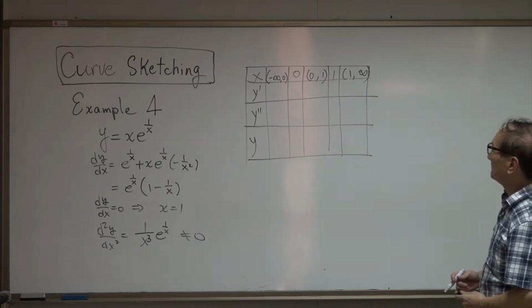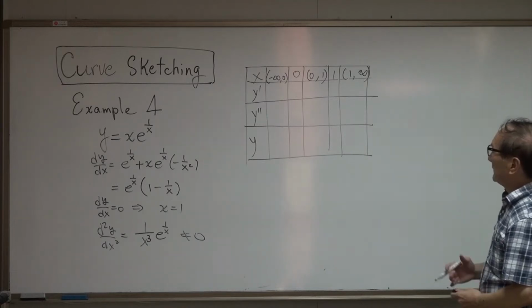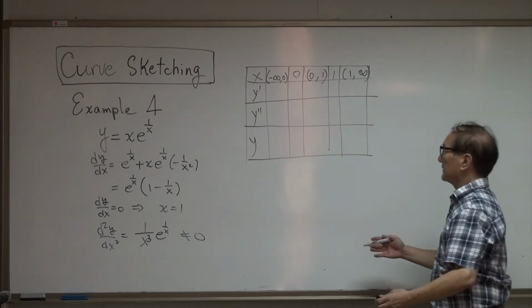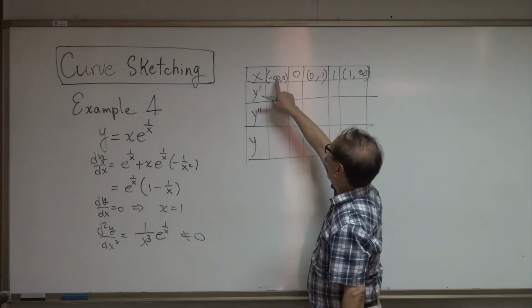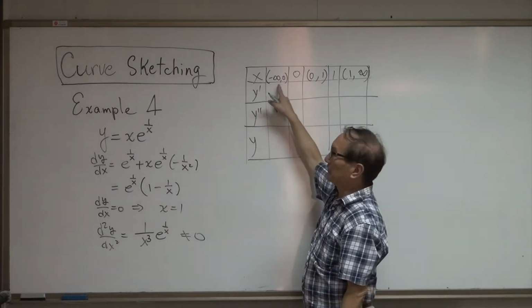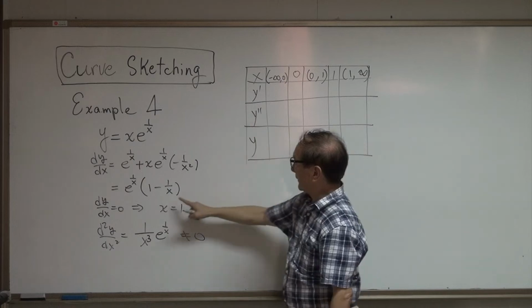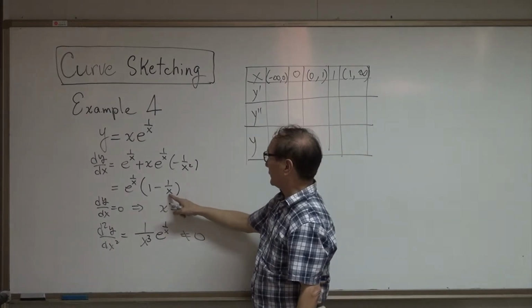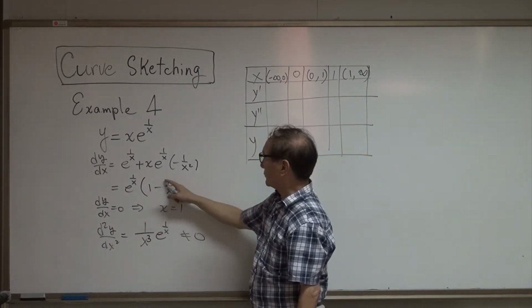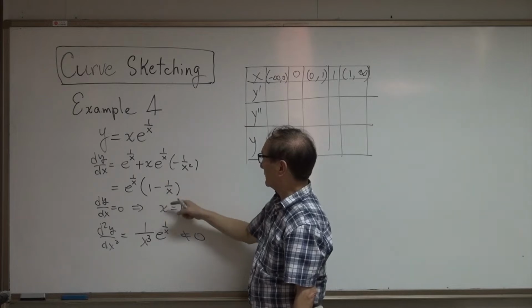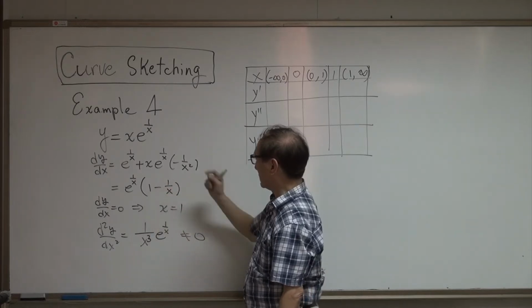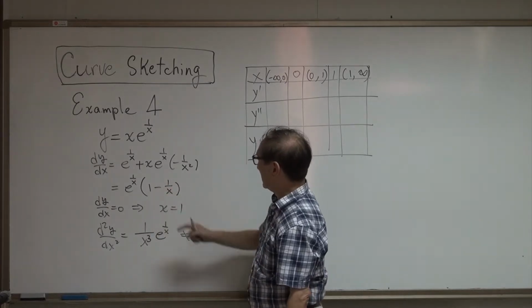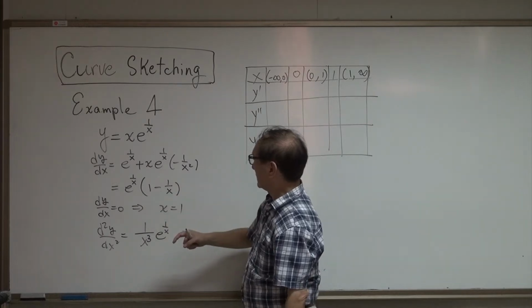Now, all right, let's discuss this sign. Here, I'm using a very large negative number. And here, when x is a very large negative number, this is 0, right? Positive. 1 minus that one is positive.